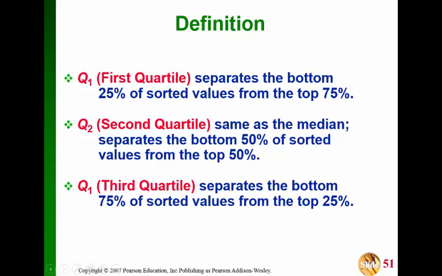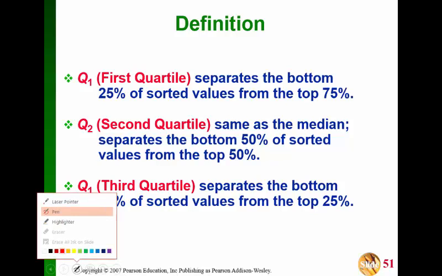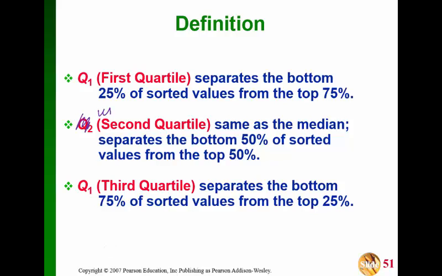And then there's a third quartile. Instead of Q2, we use the median because it's exactly the same thing. It just sounds nicer, Q1, Q2, Q3, when we talk about quartiles, but really it's the median.